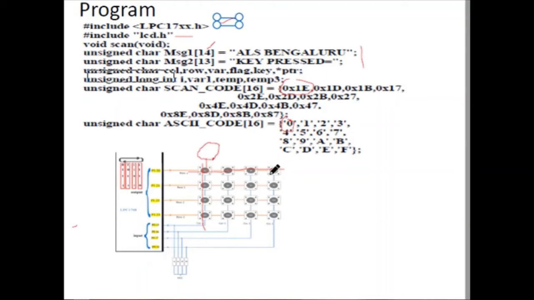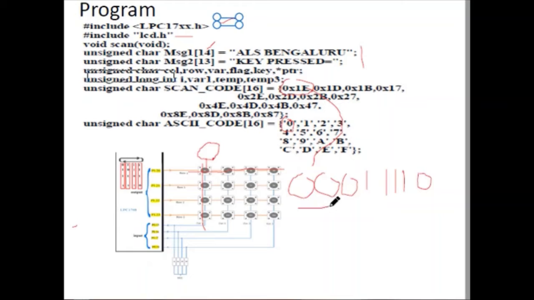Then also these columns will be locked. If you write the values like row into column, in the row if I write 1e, this 1e corresponds to the binary value 0 0 0 1 followed by 1 1 1 0.